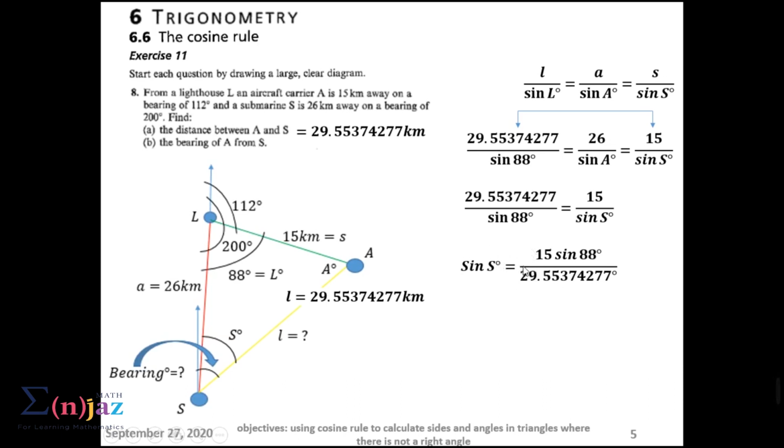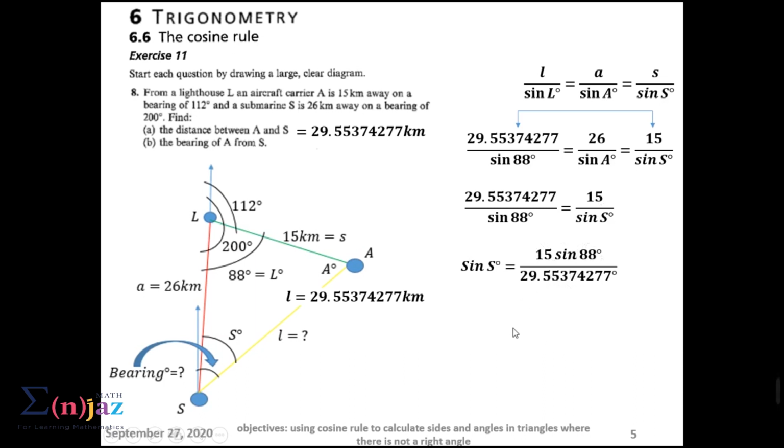And what goes down as a denominator? 29.6. Why? Because you ask yourself, what is multiplied by sine of angle S? It is 29.6. And the other two numbers go up as numerators multiplied by each other. So 15 times sine of 88.